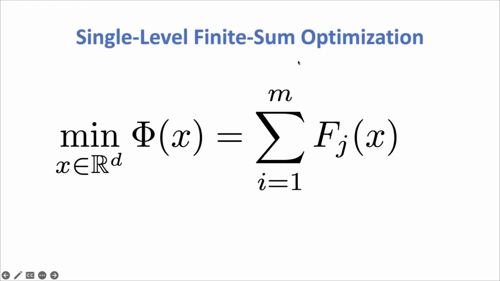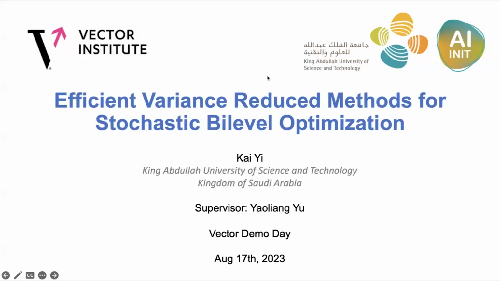And another thing is that minimax optimization is also a special case of general stochastic bilevel optimization. That means any analysis on top of generative adversarial networks can be safely applied within the scope of our analysis.